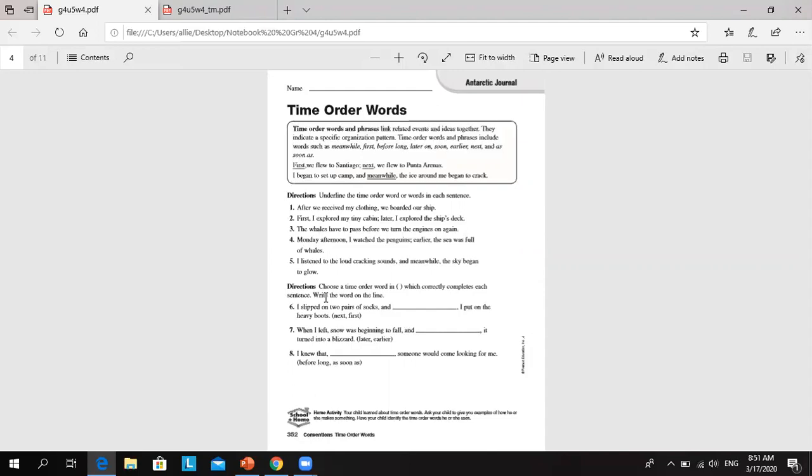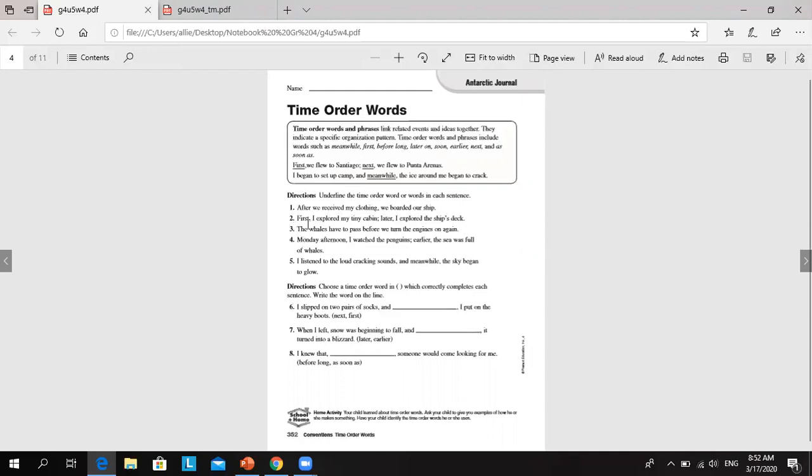So I'll just run through the first five sentences here and identify which words are the time order words in the sentences. Number one, "After we received my clothing, we boarded our ship." The word telling us the arrangement of the sentence is after.